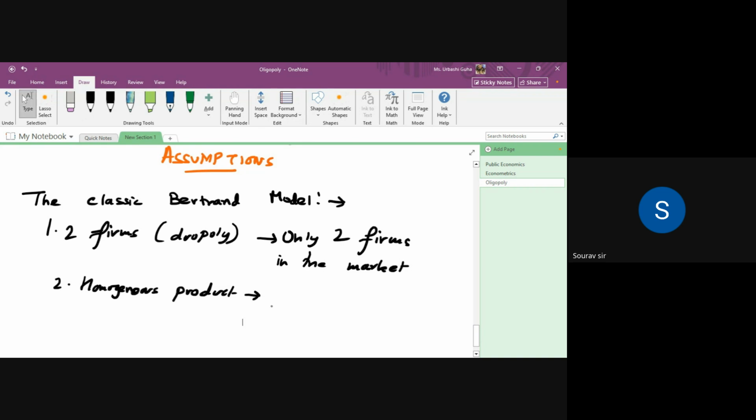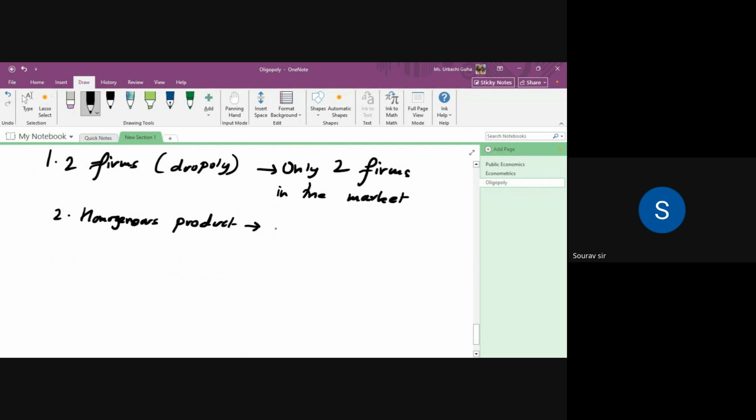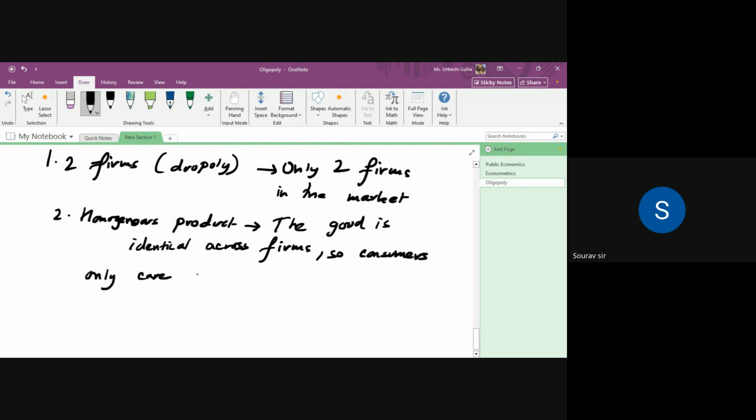Homogeneous product was for perfect competition. Each firm sells an identical product, so the good is identical across firms. Consumers will only care about what? Price, correct.